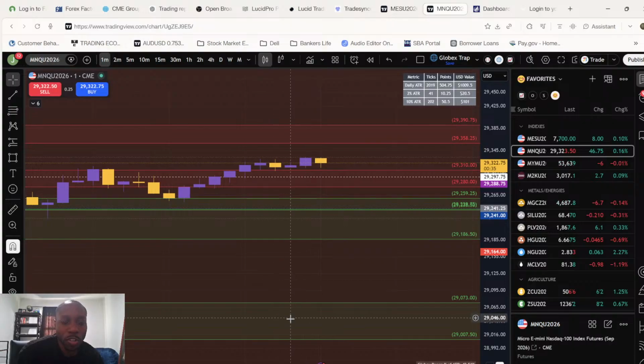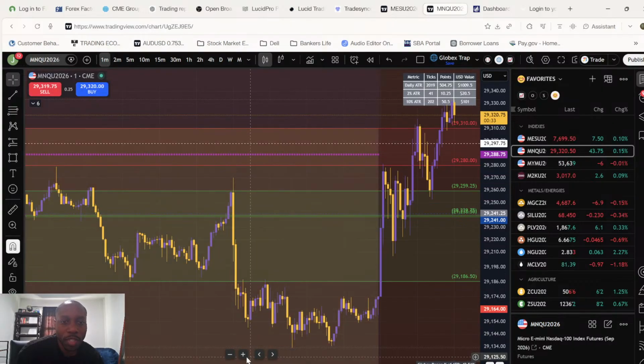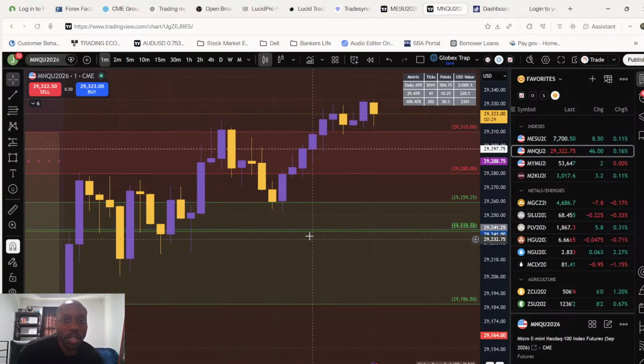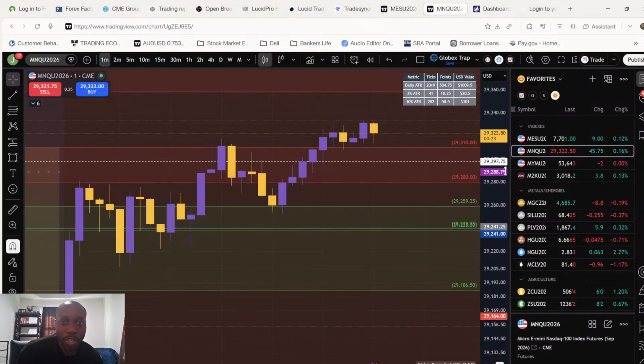Let's look at smaller time frames. 1 minute. There's not much of anything as far as gaps go in here that a pullback can come to. I don't see it coming back. I mean, we have this demand zone on a 1 minute.